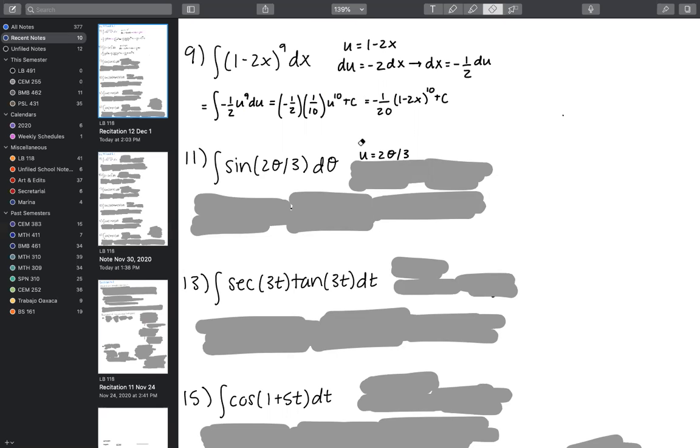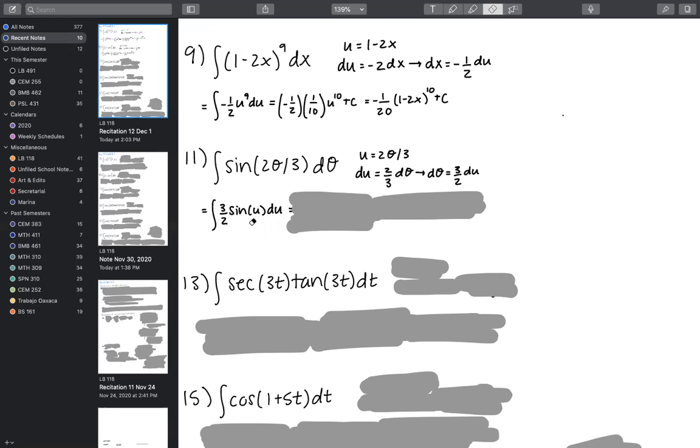And in this case, that is true. We have u is equal to 2 theta over 3. And then when we take the derivative, or we take our du, we get 2/3 d theta, which when we're finding d theta so that we can plug it in is, well, d theta is equal to 3/2 du. And so now we can plug all that in. And at this point, like I said, you can pop the constant out front.